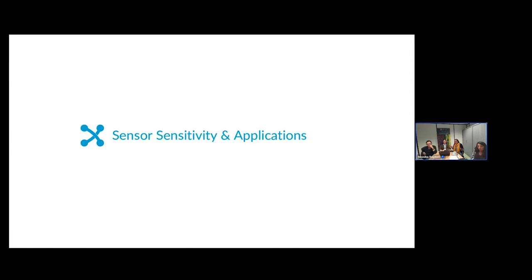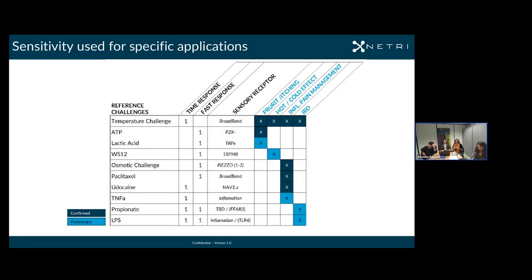Now I will present you an overview of how you can use the platform, and some applications that we already have evidence that you can use the platform for. You can do protocols of time response or fast response, depending on the type of agonist.